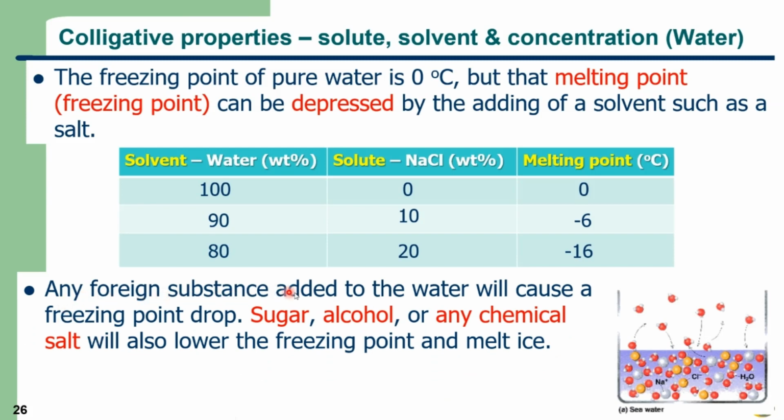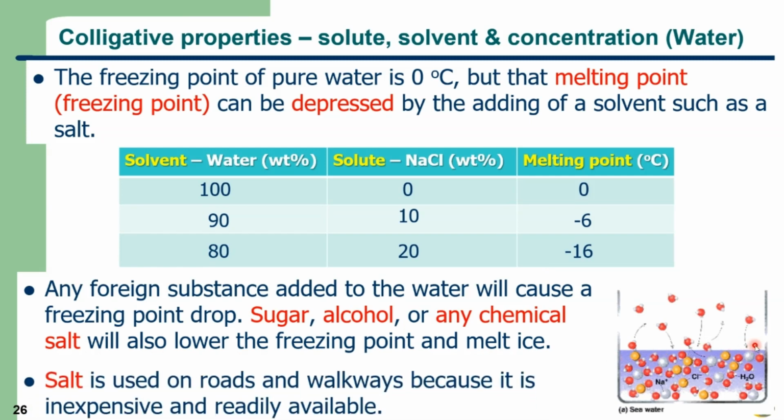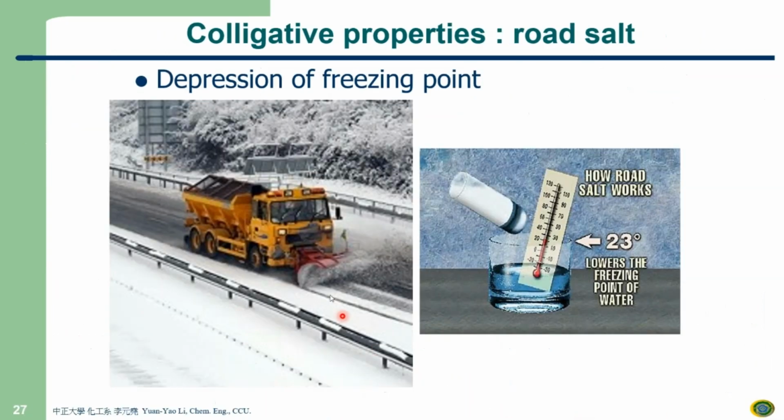Any substance added to the water will cause the freezing point to drop. Sugar, alcohol, any chemical or salt will lower the freezing point and melt ice. So it's used on roads, right? In the winter, in Taiwan we don't have the chance to see that, but in the United States or Japan, you will see a lot of snow, and you don't want snow to occupy the road, right?